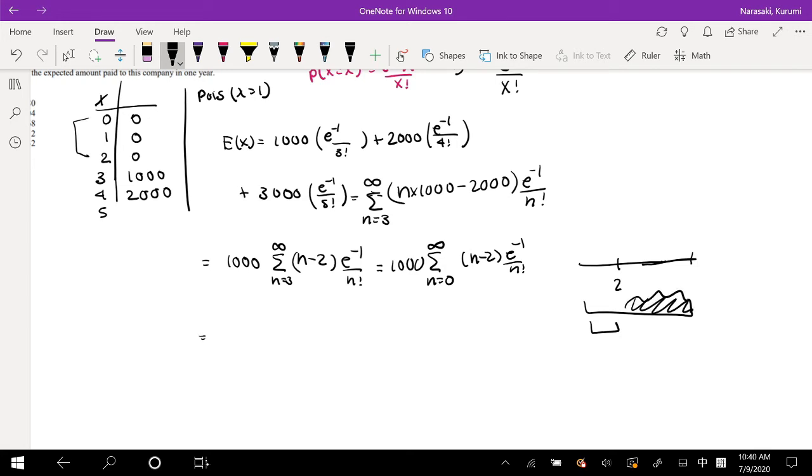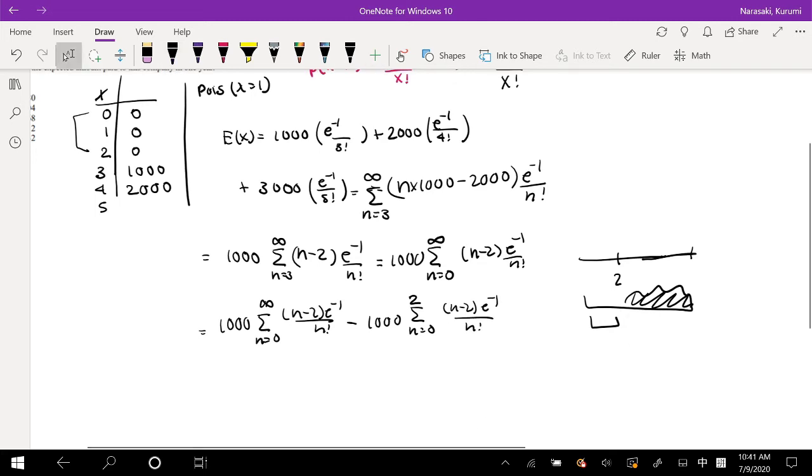So we're going to go from 1,000, going from 0 to infinity of this function right here, minus the sum from n equals 0 to 2, just so we can combat that problem that we had.